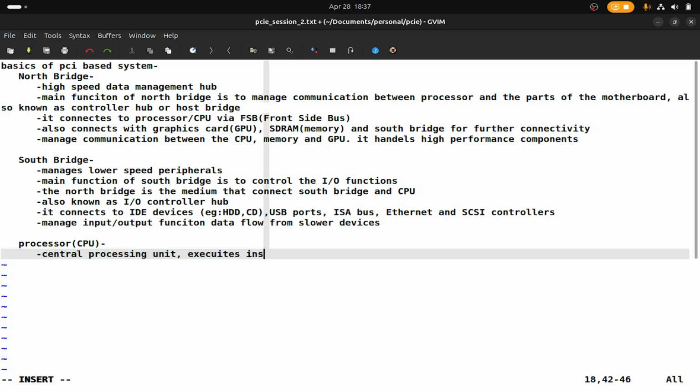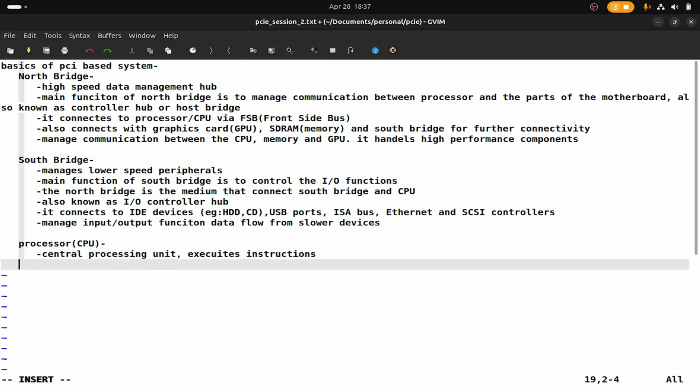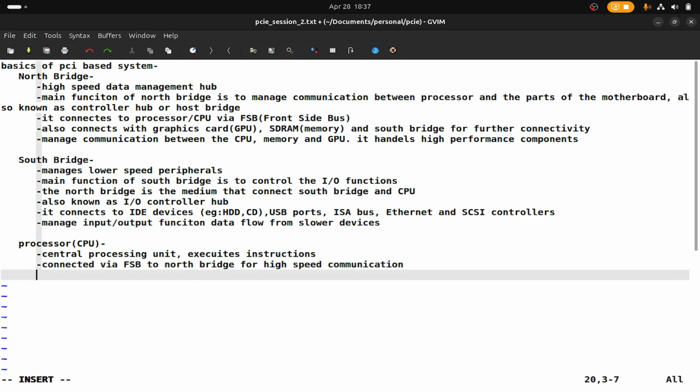Executes instructions. Connected via FSB to North Bridge for high speed communication. Now coming to the point, what is FSB? FSB stands for front side bus, right?